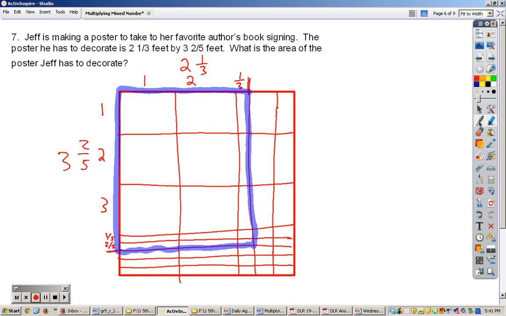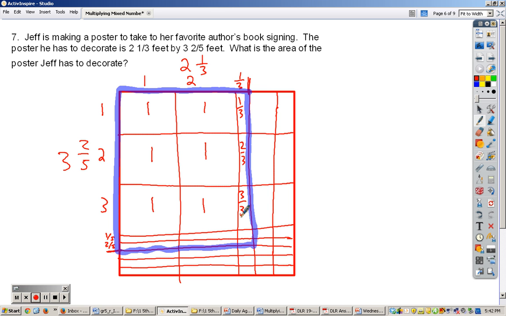Now I go back to my hand pen here and I count up. Well, I have 1 whole number here, another one here, another one here, another one here, and another one here. Over here, this is 1/3 of a whole number. So 1/3, 2/3, 3/3.